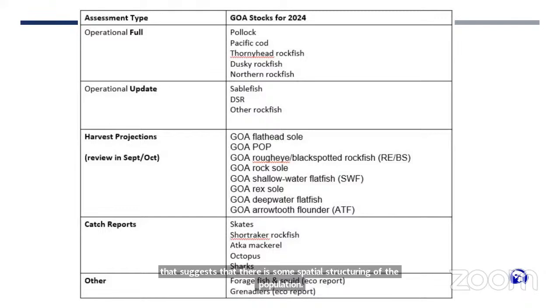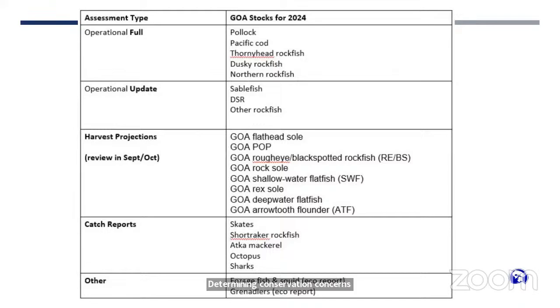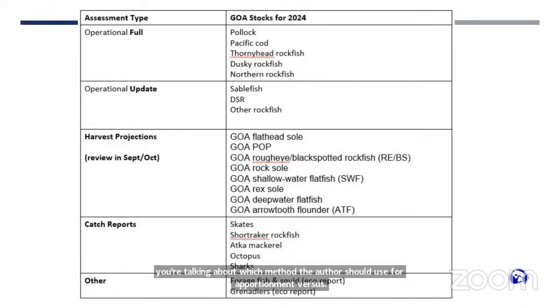I think as far as determining conservation concerns, it's likely a different discussion when you're talking about which method the author should use for apportionment versus whether or not you can have sub-area apportionments or not.